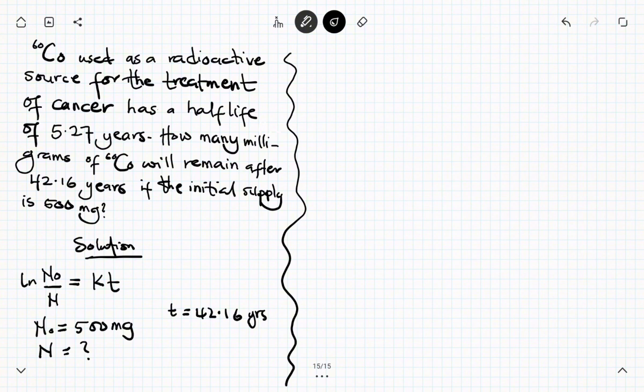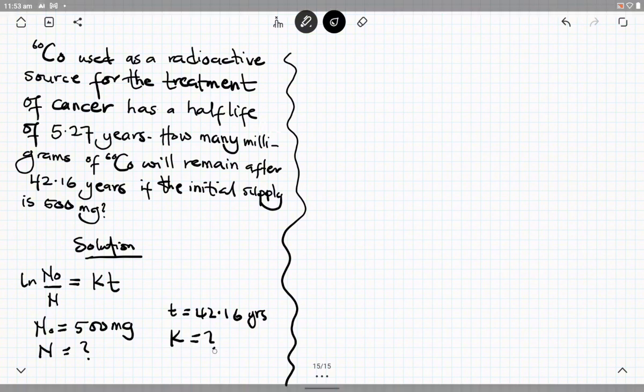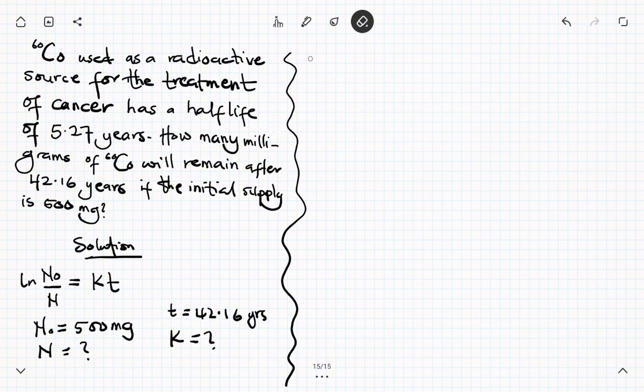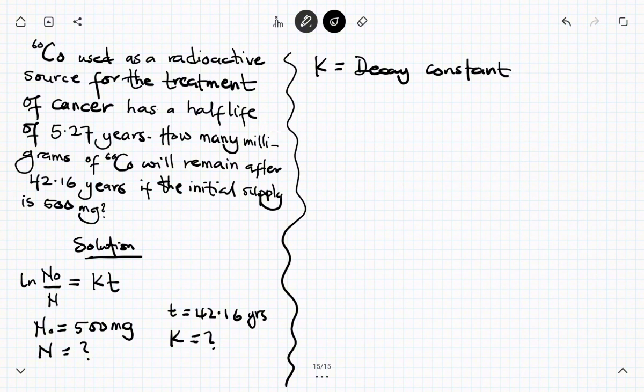Now we also need to find K. We don't know what K is. Now K is the decay constant. And how do we find K?